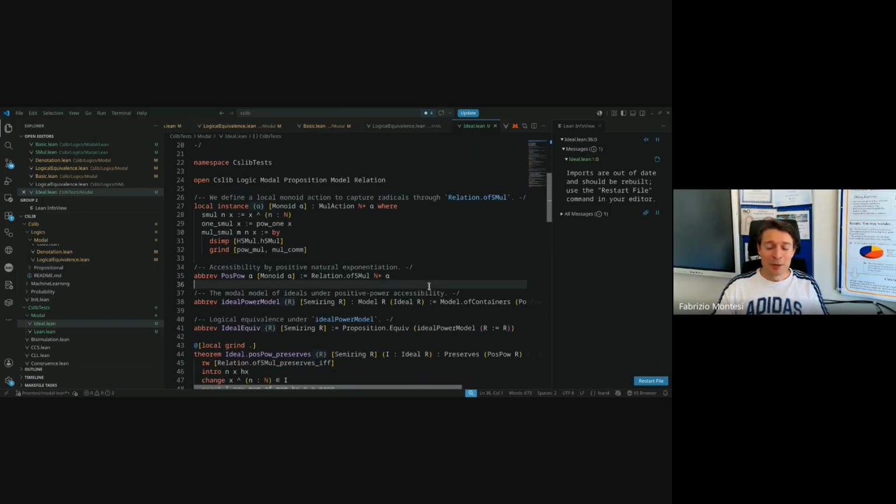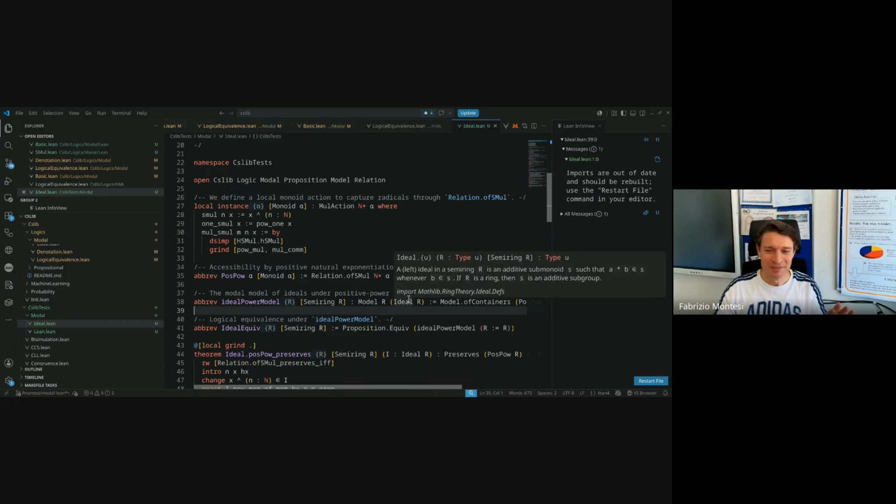Now, I define as my atomic propositions in the modal logic ideals, straight from Mathlib. It's a submodule, if I remember correctly, how they define it.